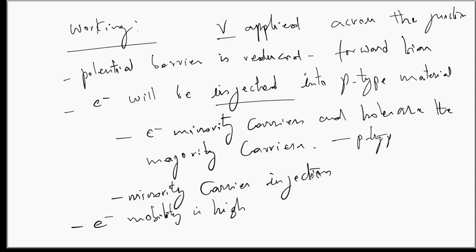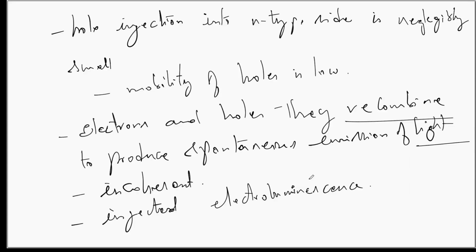This is possible because electrons are having high mobility. The reverse, that is hole injection into the N-type side, is negligibly small, reason being mobility of holes is low. Electrons and holes, they recombine to produce spontaneous emission of light, and the emitted light will be incoherent. This mechanism is called as injected electroluminescence.